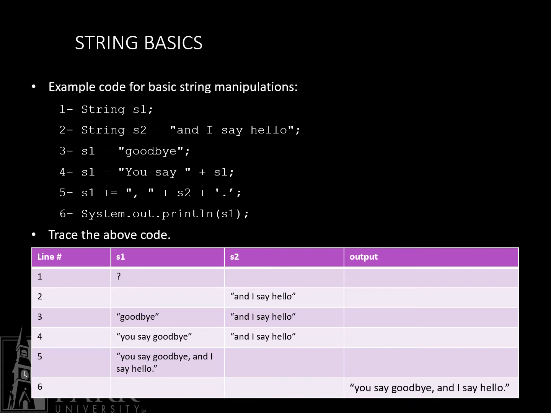S2 hasn't changed. In line 4 you can see that we add S1 to uSay and then store it in S1. And then line 5, we do a compound assignment operation where we concatenate all those things together. And so finally in line 6, you get the output.